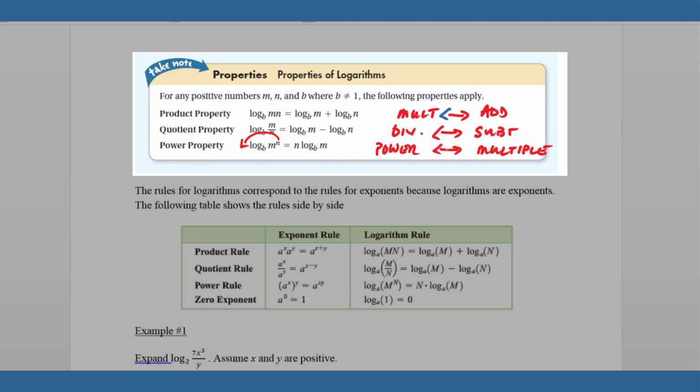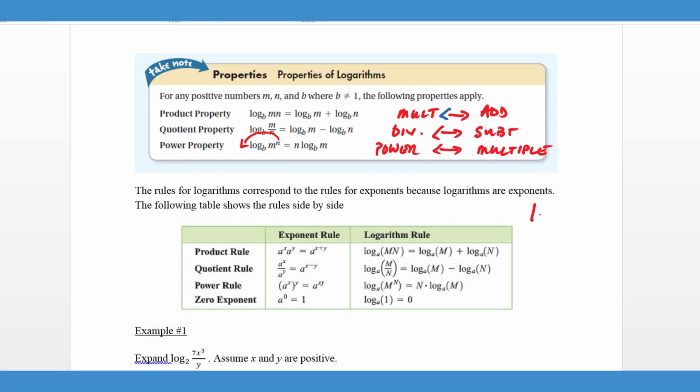That goes back to our inverse property, where we showed you log base a of a raised to the x power is simply equal to x. If you think about how that works, the x becomes a multiple of log base a of a, and we know log base a of a is equal to 1, so 1 times x is simply x. That's where that inverse property comes from.